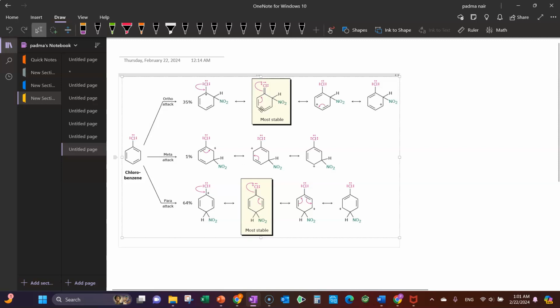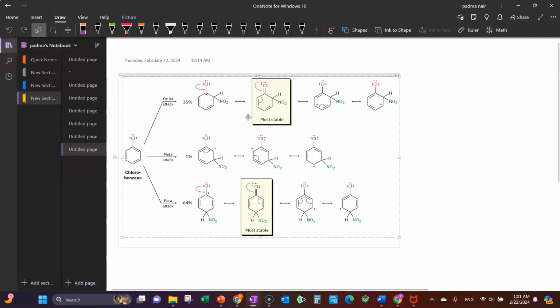See, we have 1, 2, 3, 4 resonance structures when the NO2 goes to the ortho, or when NO2 goes to the para, again we have 1, 2, 3, 4. We have an extra resonance structure helping to stabilize the sigma complex. Whereas when it is at the meta position, you see that we have only 3 resonance structures.